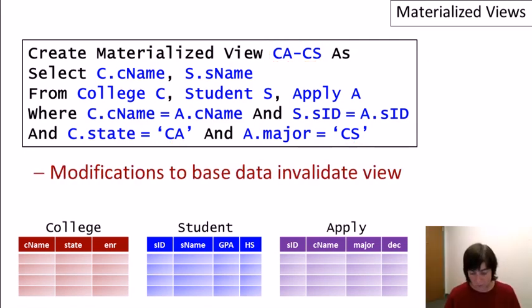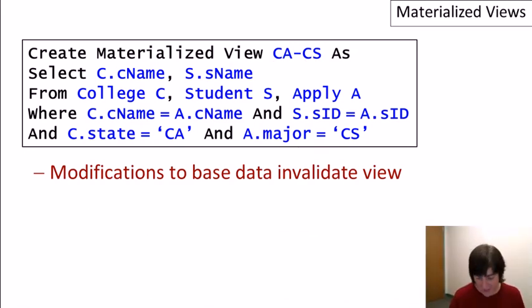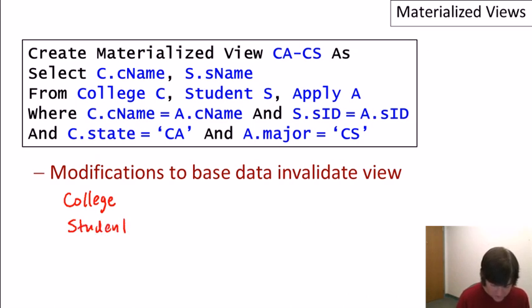Now the downside is whenever the base data over which the view is defined is modified, we have to worry that our view is invalid, that it's become out of sync with the base data. So let's think about what modifications could occur to the database that would cause the view to become invalid. Well, we have to worry about the three relations that are referenced in the view: the college relation, the student relation, and the apply relation.